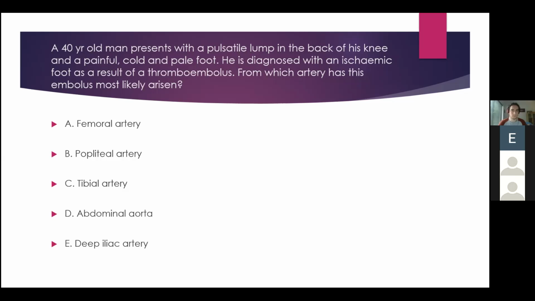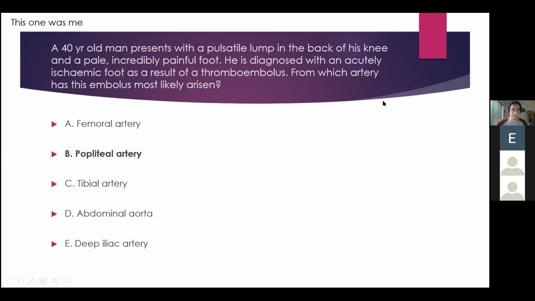I was going to say popliteal because I think that's where it's lodged, but if it's asking where it has arisen from, I would guess femoral. So you actually are on the money the first time.